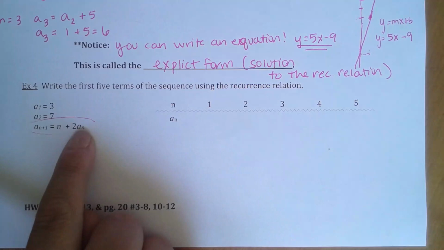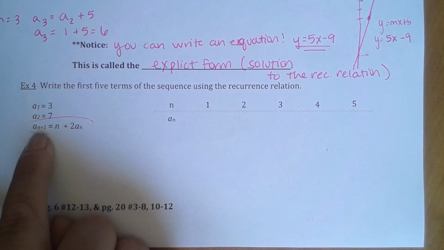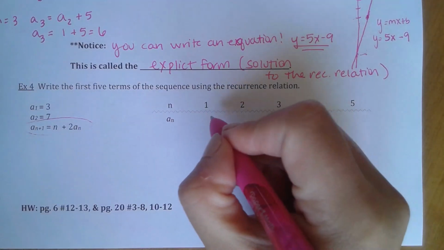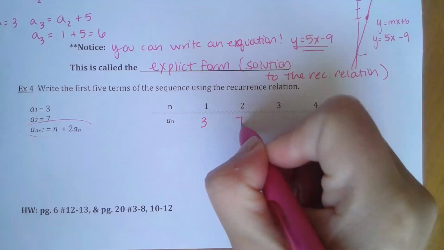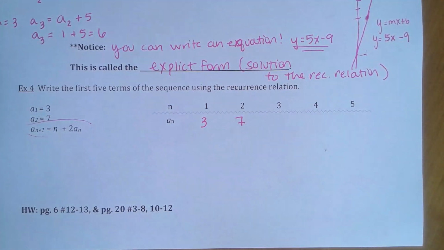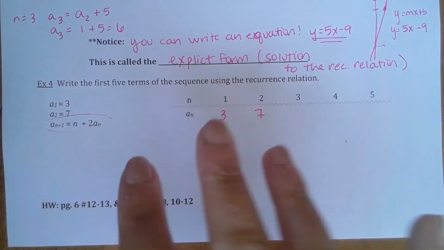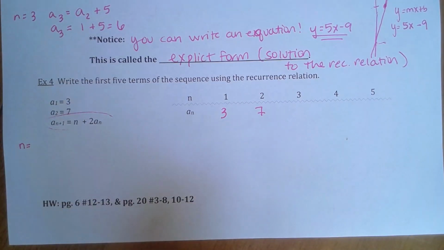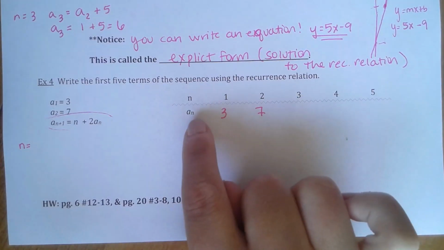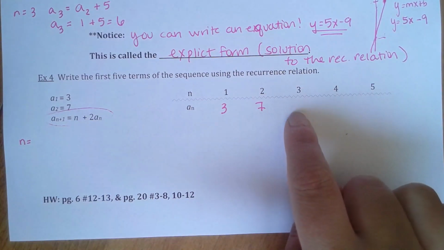So in this one, a sub n is the previous term and a sub n plus 1 is the next term in our sequence. So they give us a sub 1 is 3, and they give us a sub 2 is 7. So again, if you get confused with how this works, I like to pick an n value to help with this. Now, what I'm looking for is a sub 3.